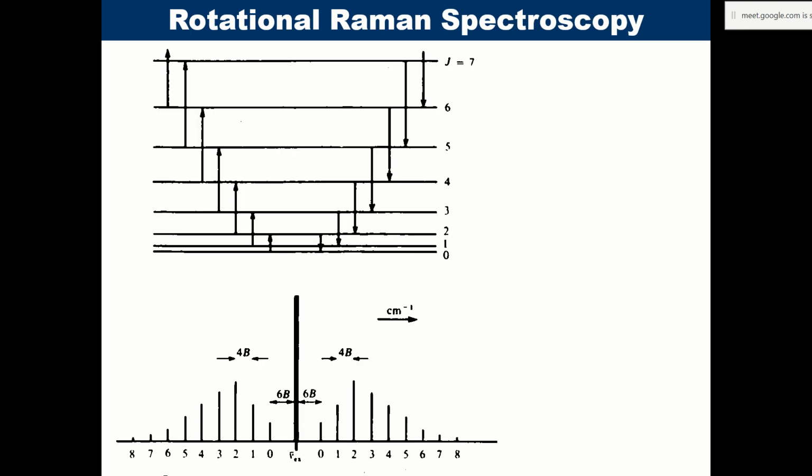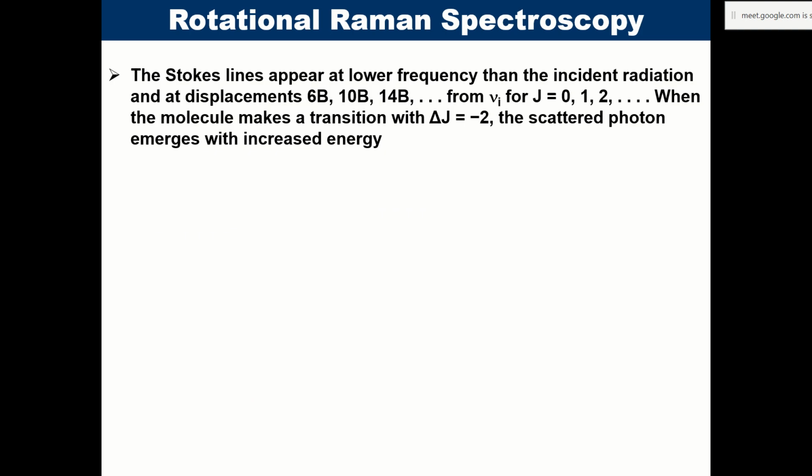So overall, because delta J must change by 2 units, from the central line the change will be 6B on this side and 6B on the other side, and the separation between the lines will be 4B in each case. So in rotational Raman, the Stokes lines will appear at lower frequency, 6B, 10B, 14B, when you consider J equal to 0, 1, 2 and the molecules make a transition.